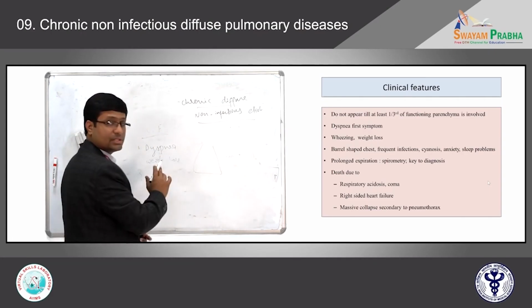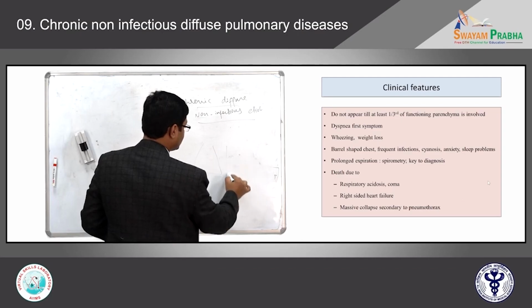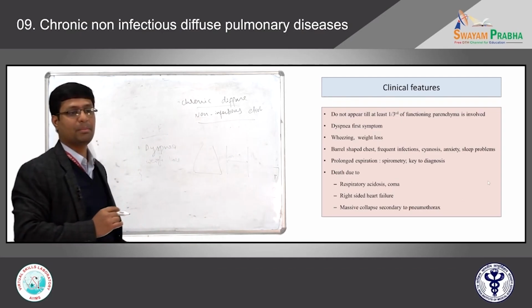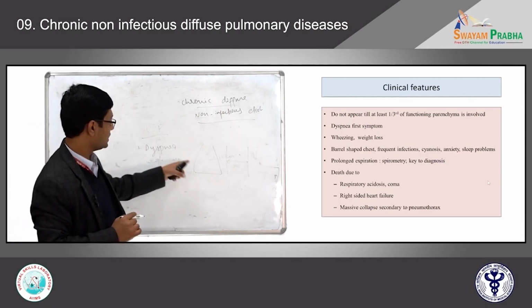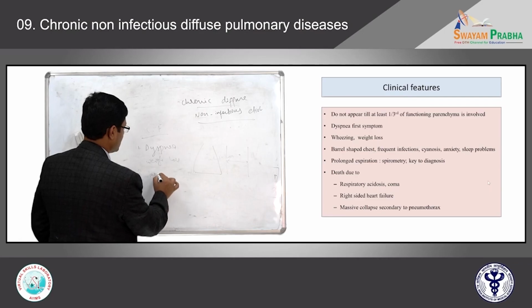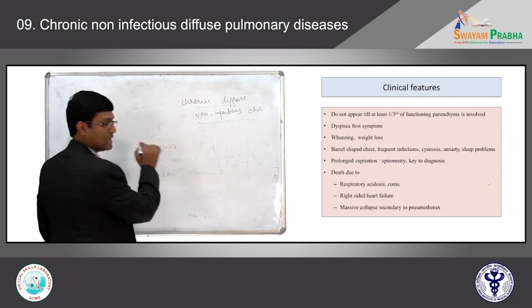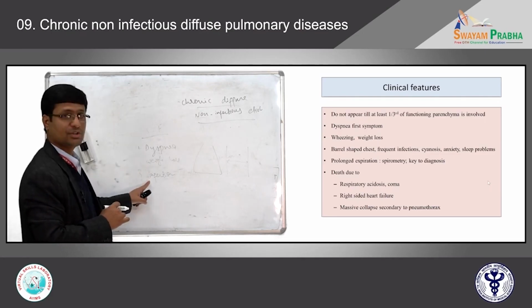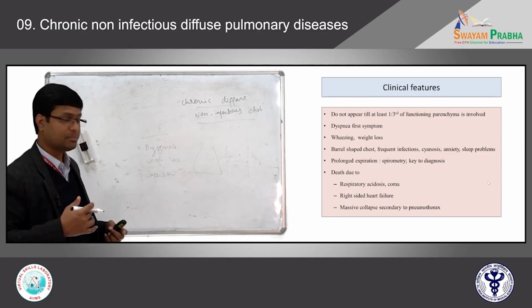So when more air is filled in this, you will see a barrel-shaped chest. Whenever air is collected, they are more prone to infection. These patients will present with recurrent infections, and because of dyspnea and infection, they cannot breathe properly.